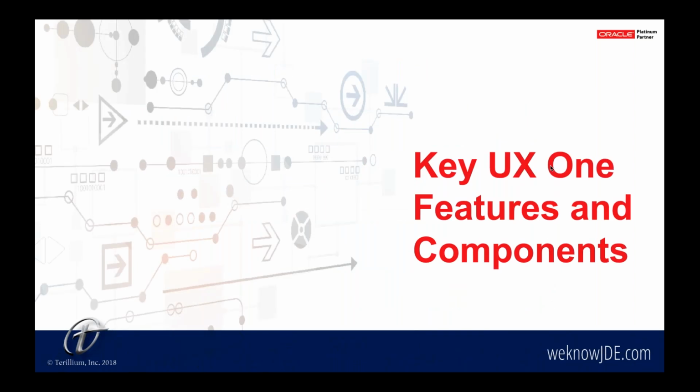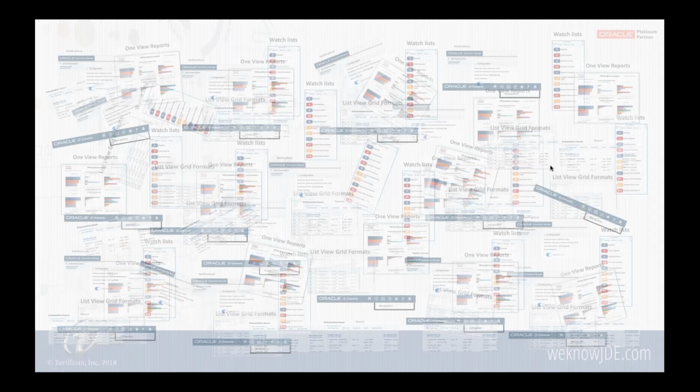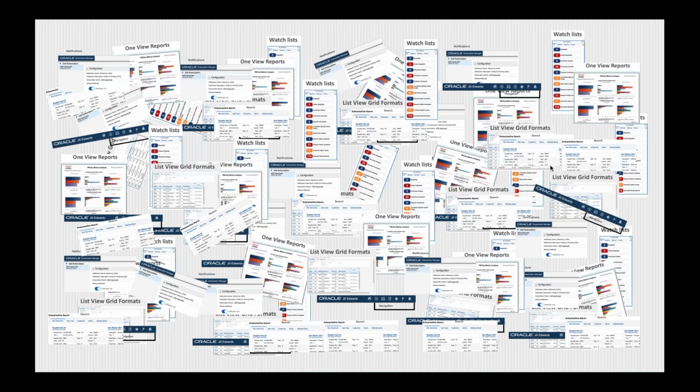So let's go over some of the key UX1 features and components, and these will all be something that I will demonstrate here shortly. When you take a look, there are so many of them out there. We want to just highlight a few.